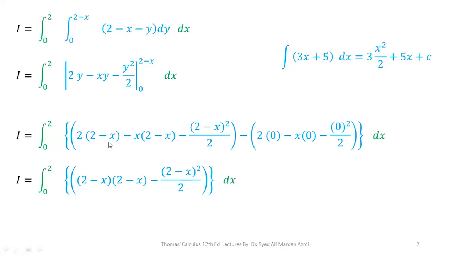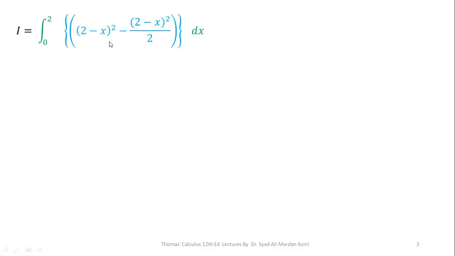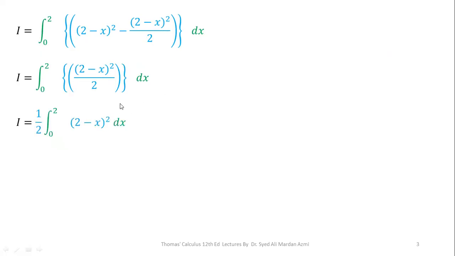So we have 2 minus x into 2 minus x minus 2 minus x whole square over 2. So 2 minus x into 2 minus x will be 2 minus x whole square. Making the simplification, we have 1 minus 1 by 2 equal to 1 by 2, and 1 by 2 is constant. We can take it outside. So we are left with the integral from 0 to 2 of 2 minus x whole square dx.